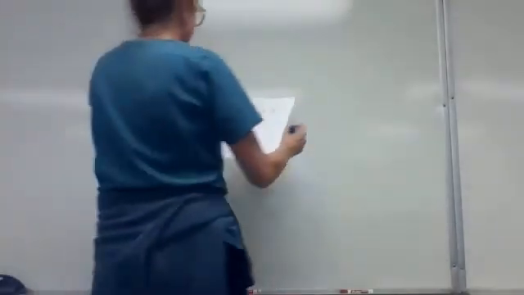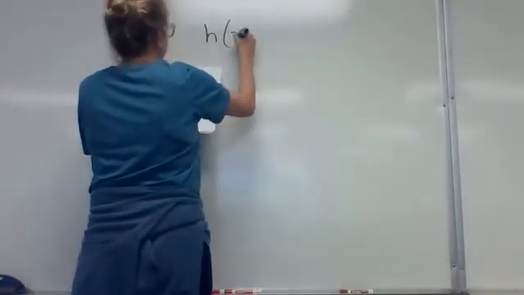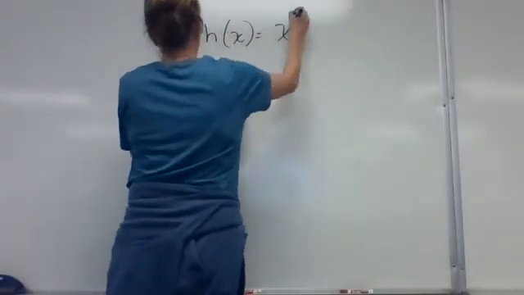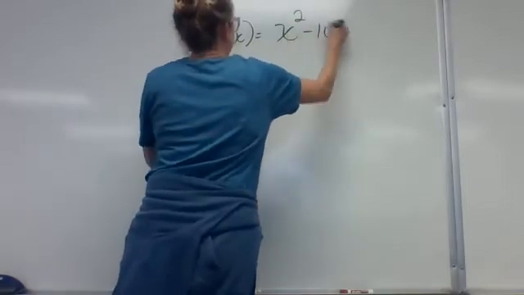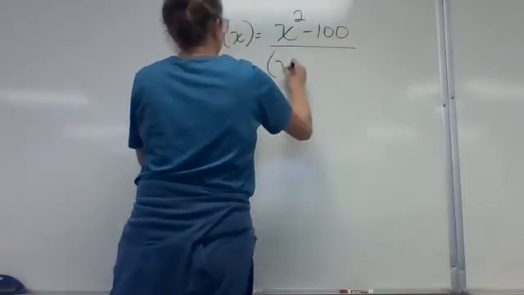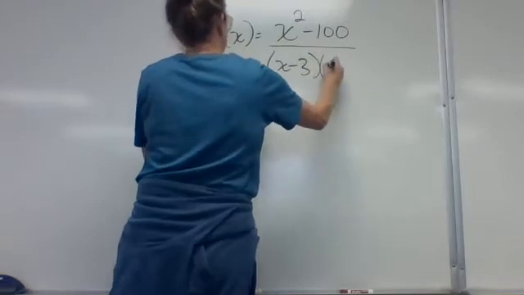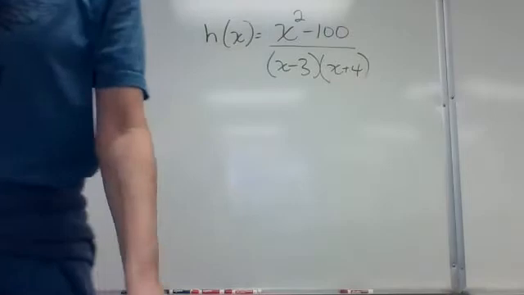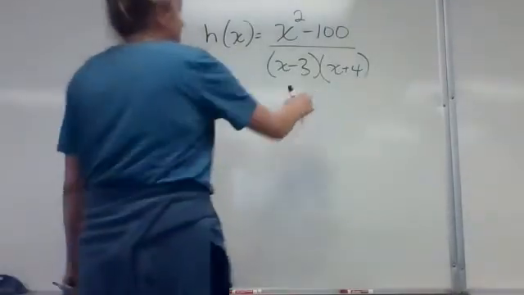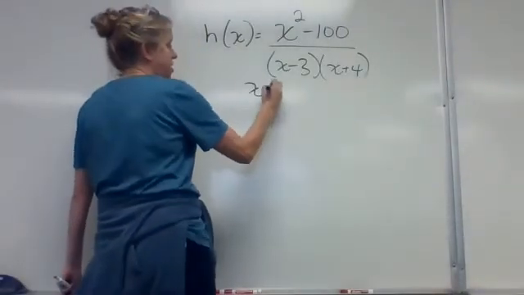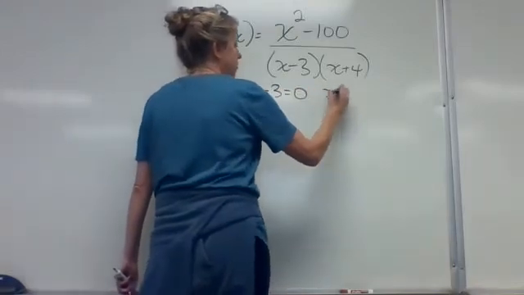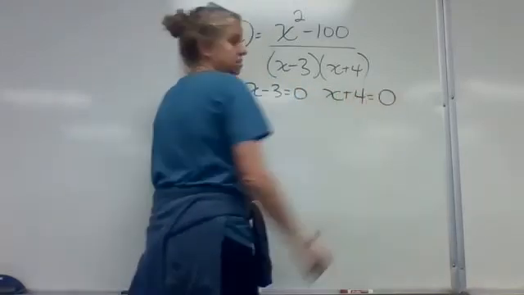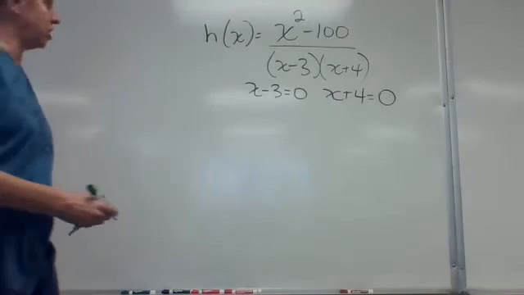So looking at 17, okay, luckily the denominator is already in factored form. So if I want to find the zeros, I just set the factors equal to 0 and solve them for x to get my vertical asymptotes.